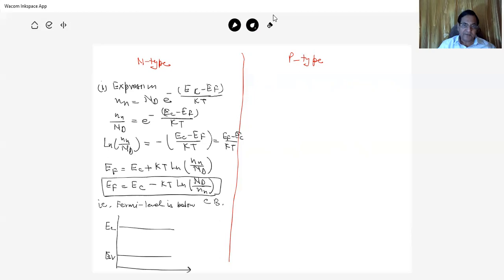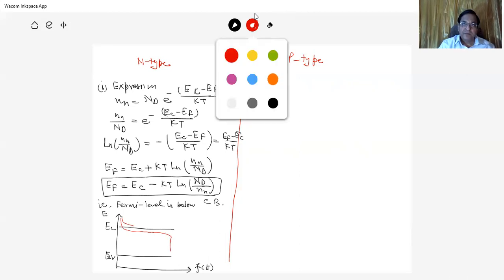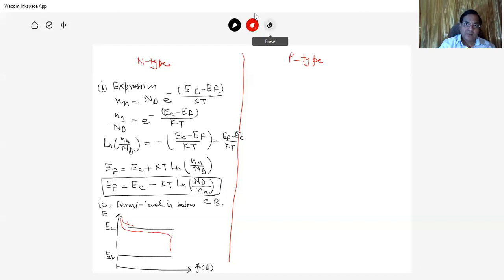Here it is f of E, this is E, then the Fermi level is something like this, somewhere here, Ef. So this is rising.